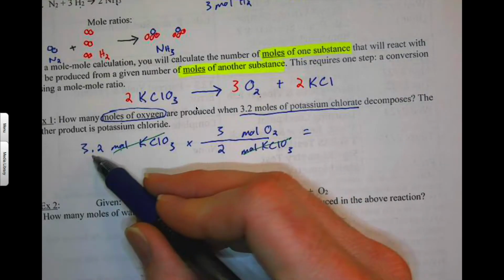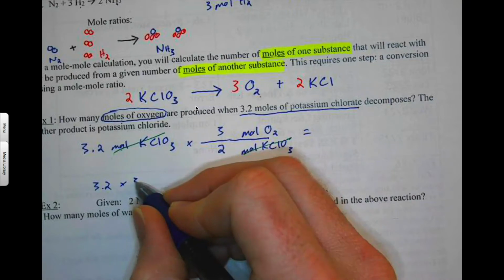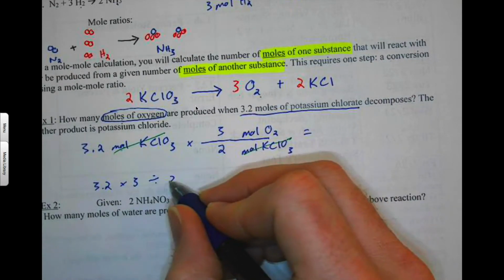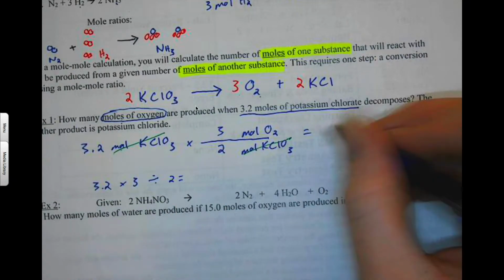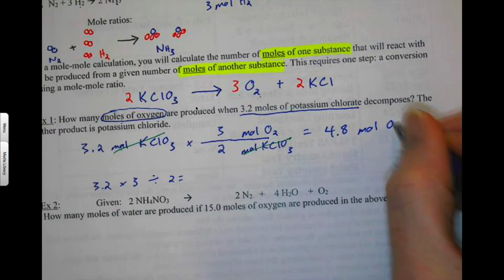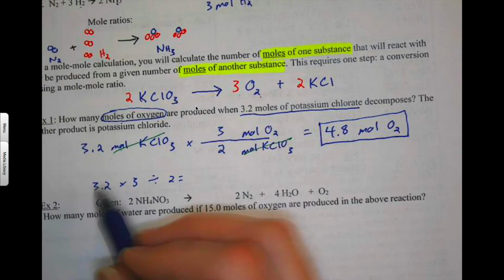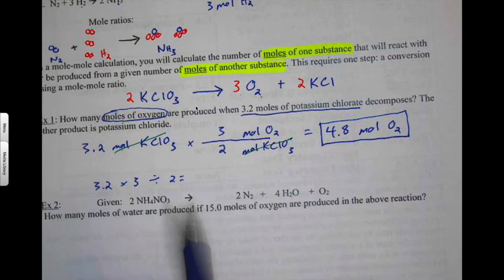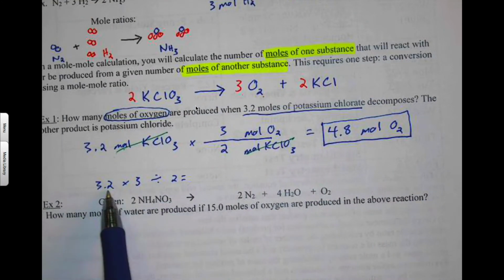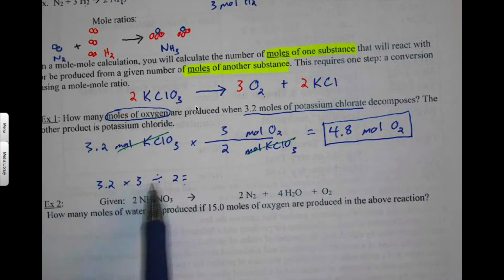And so 3.2 times 3 divided by 2 equals 4.8 moles of O2. So that's what you would be able to type in your calculator. You only have to hit enter once. 3.2 times 3 divided by 2.